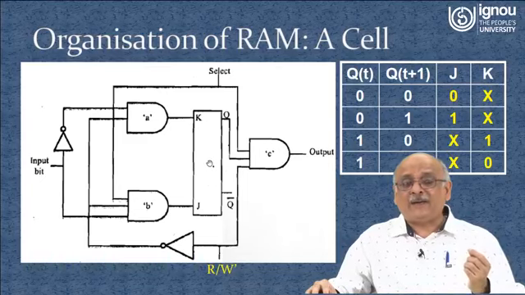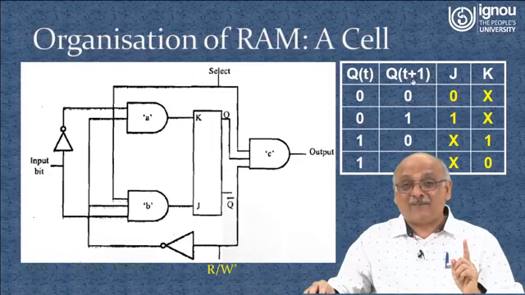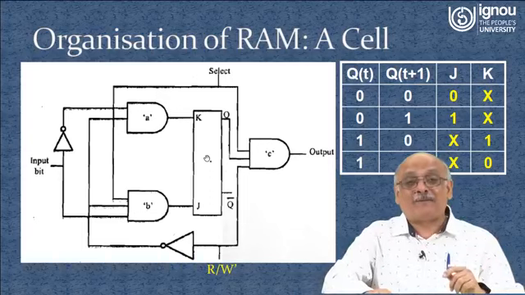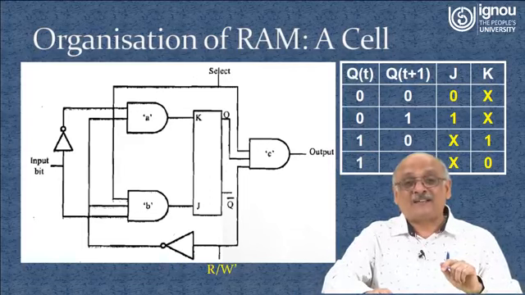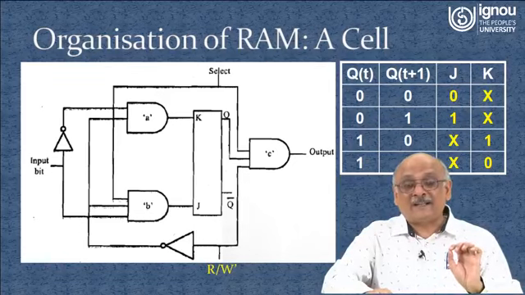So you have written the value of the input into this JK flip-flop, but that change is going to happen only in the next state. Remember that. It is not going to happen immediately. This is the characteristic of a flip-flop. So at the next clock pulse, this is what you will experience. So this is the organization of RAM.